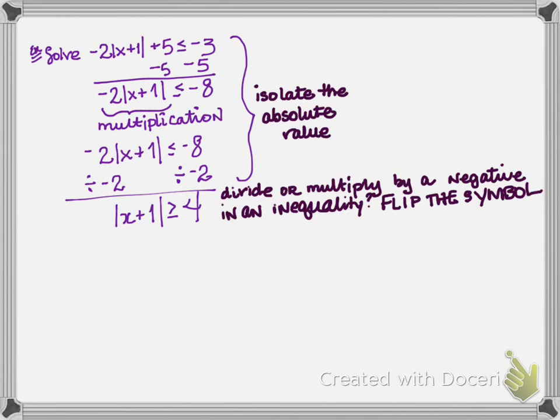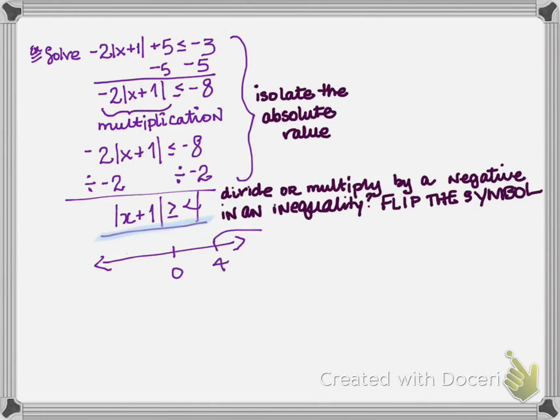So all of that was actually algebra review. Now we're down to the absolute value piece, which people are struggling with. This is where you need to remember your number line, and you might need to draw it. This expression right here means that your stuff in the absolute value has to be farther away from 0 than 4.